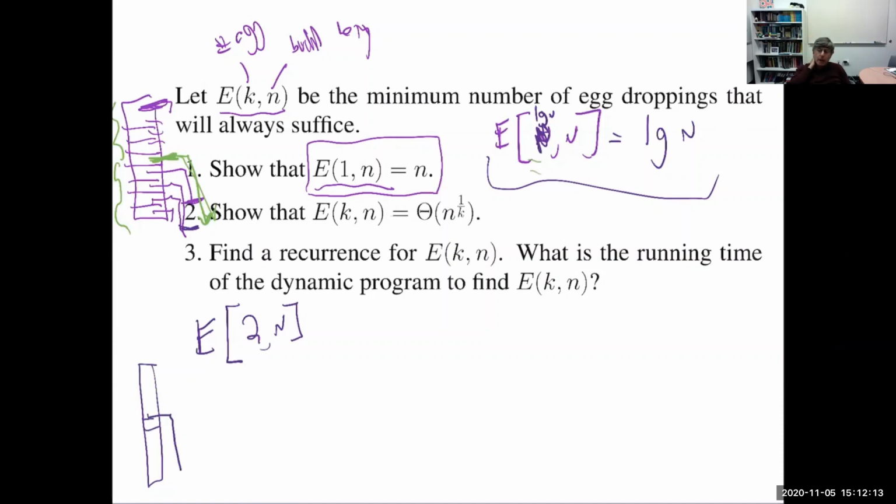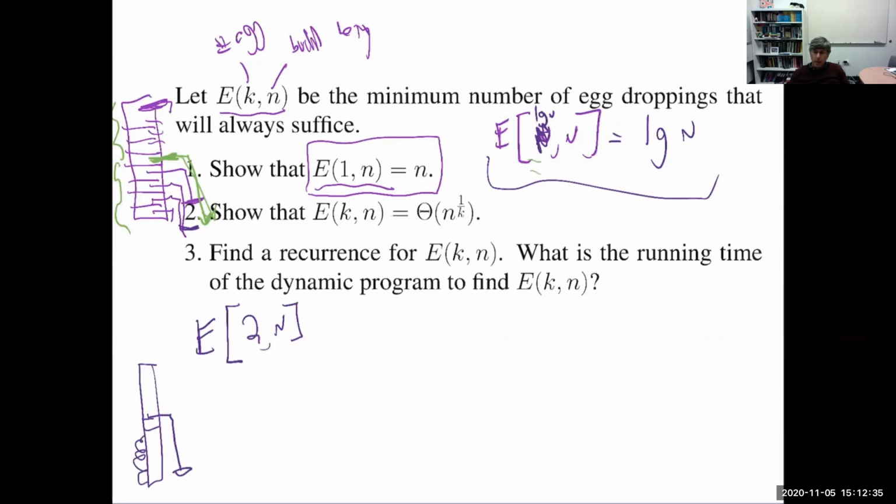If the egg doesn't break, that's good for me, I guess. If the egg does break, then what do I have to do? I have 1 egg left. What am I then going to do? Okay, I'm going to have to start from the bottom and crawl it up, right?